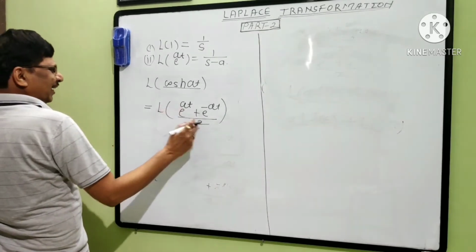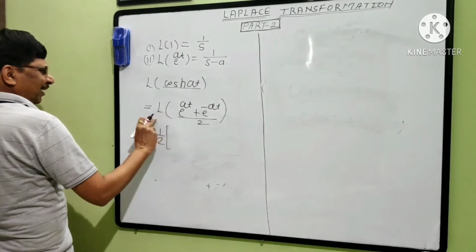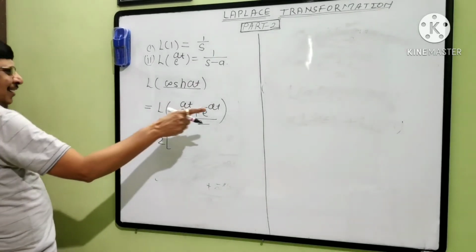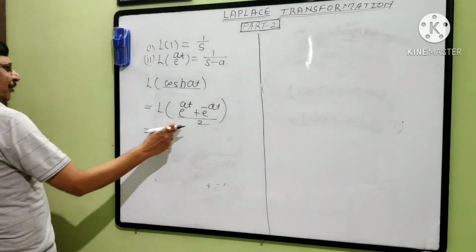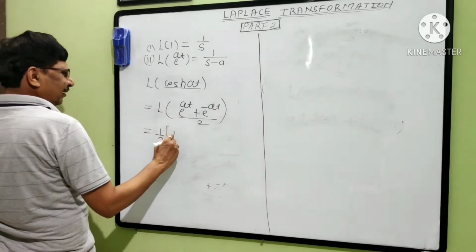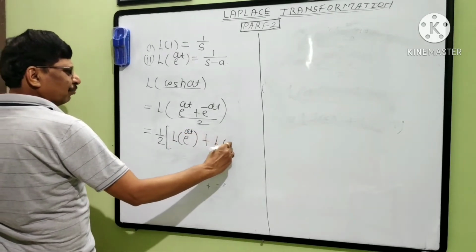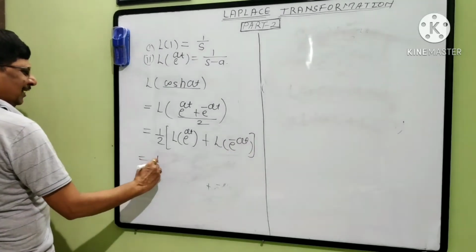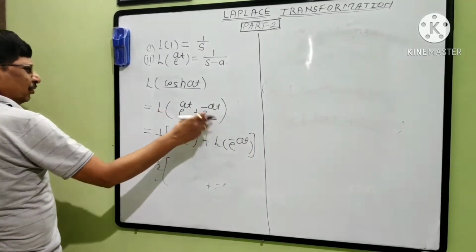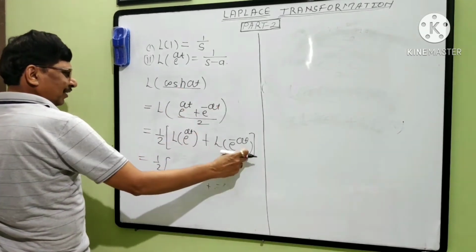Now by linear property, 1 by 2 goes outside the Laplace transformation: Laplace transformation of e raised to at plus Laplace transformation of e raised to minus at.